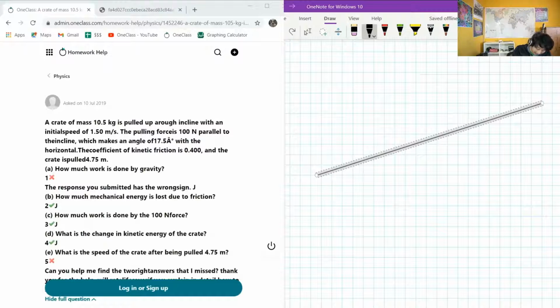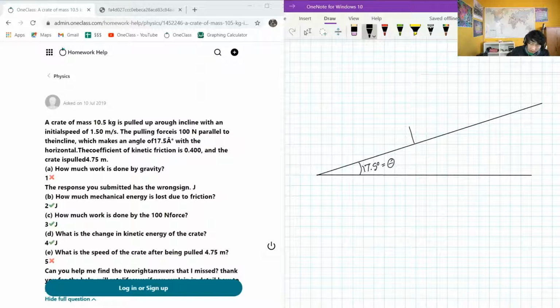Okay, I expected that to be a straight line. So this angle right here, they said is 17.5 degrees. Let's call that theta. We have a 10.5 kilogram box.